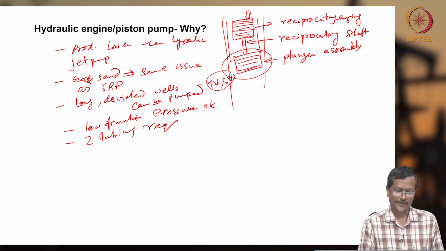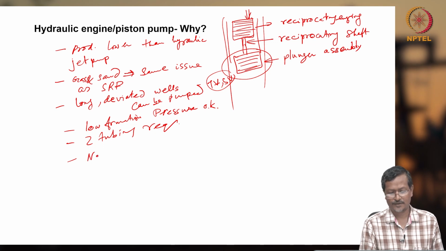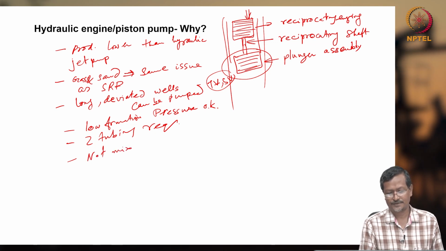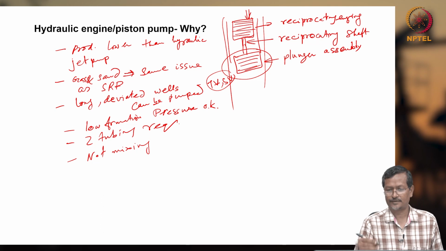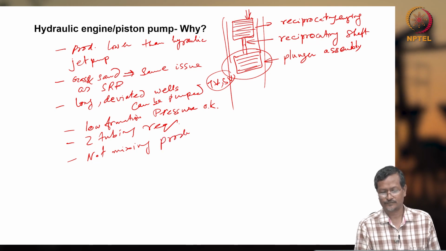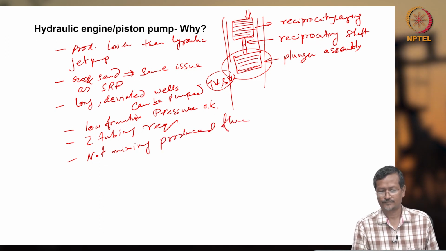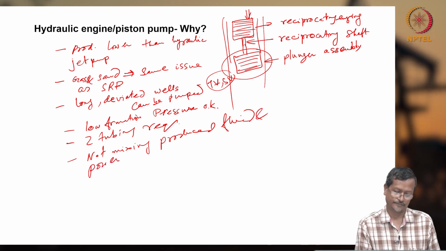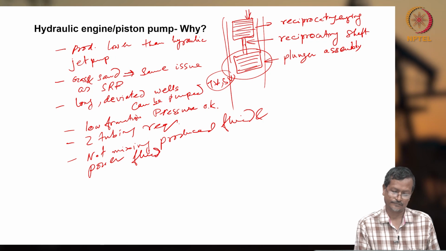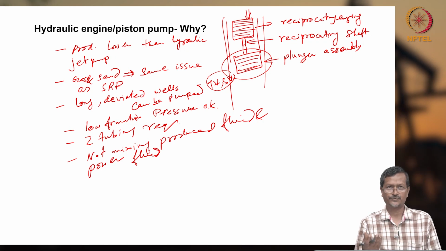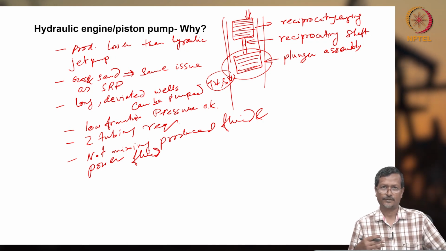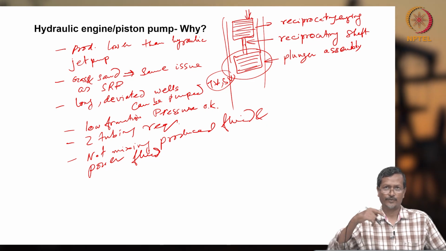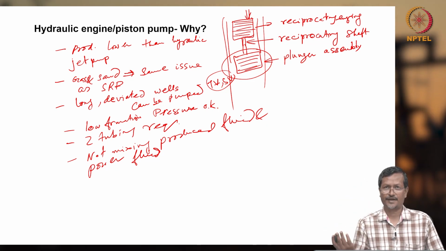And the produced fluid and power fluid are not mixing. So when you are not mixing produced fluid and power fluid, the same power fluid you can use again and again without treating anything.